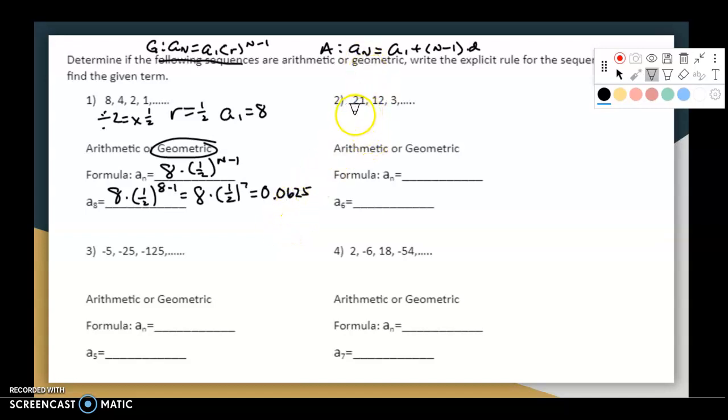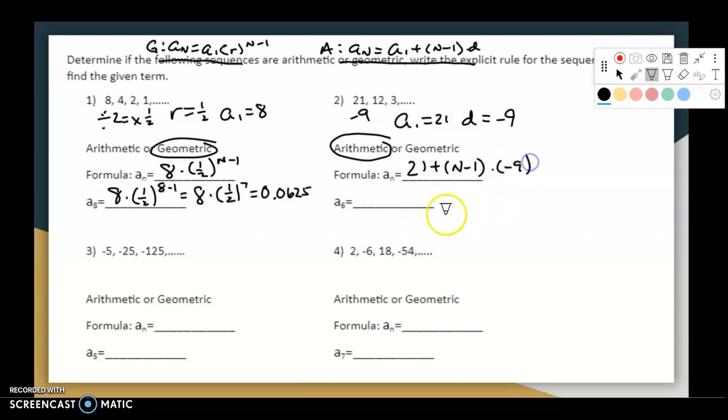For the second one, let's see what we're doing. 21, 12, and 3. We are subtracting 9 each time. That makes this arithmetic. a1 is 21. d is -9. Okay, so here's my formula for arithmetic: a_n will be 21 plus n minus 1 times -9.